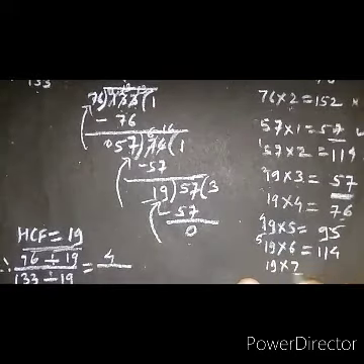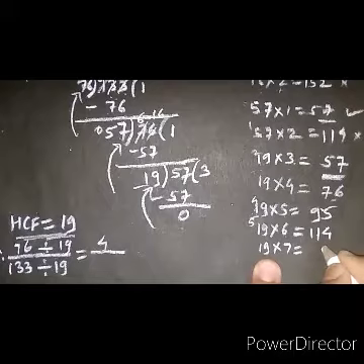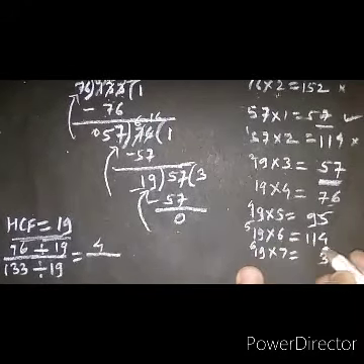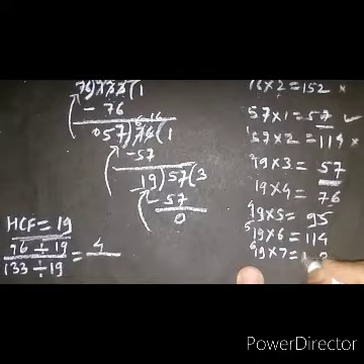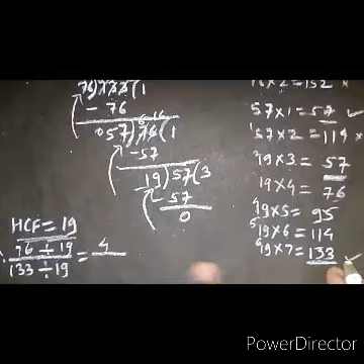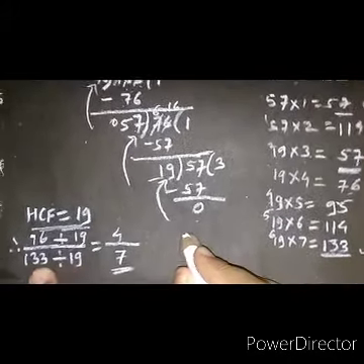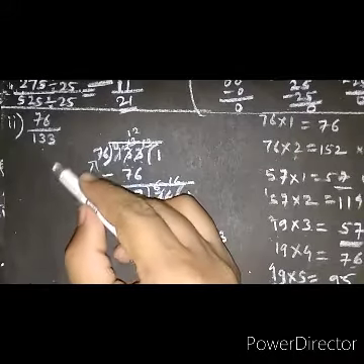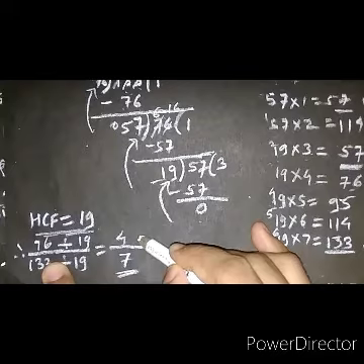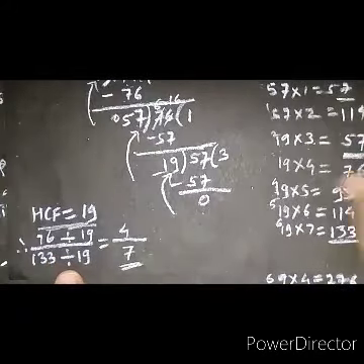Now 19 into 7, 9 7s are 63, 6 carry, 7 1s are 7 plus 6, 13, that is we got 133. So 19 7s are 133. So dividing both these numbers, 76 upon 133, by the HCF, that is 19, we got 4 upon 7, and this is called the simplest form.